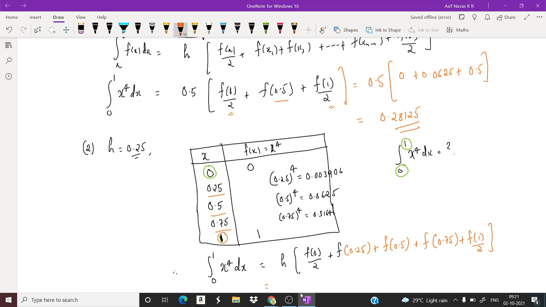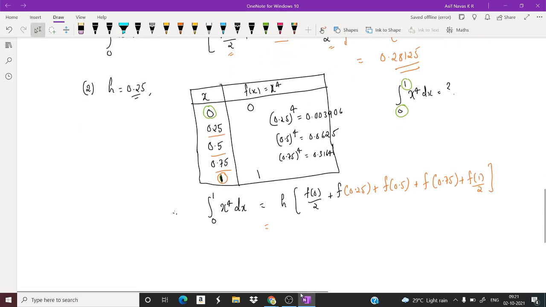So the answer is 0.25 into f of 0 by 2. That is 0 by 2 is 0 plus next value is this. F of 0.25 is 0.00396.